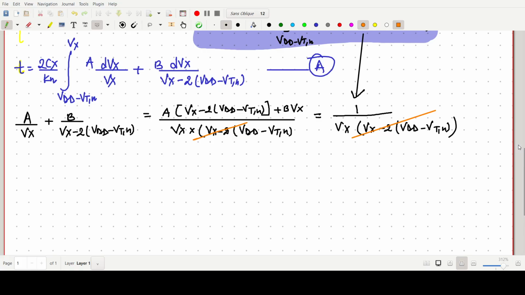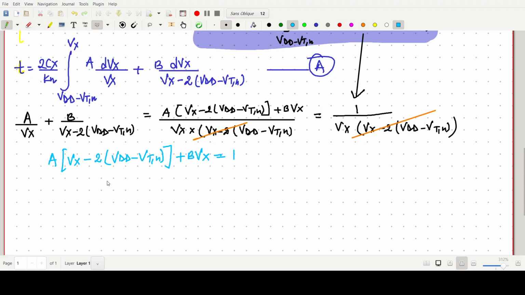One more line we can write: A times of Vx minus 2 times of VDD minus Vtn, plus B times of Vx, equals to 1.